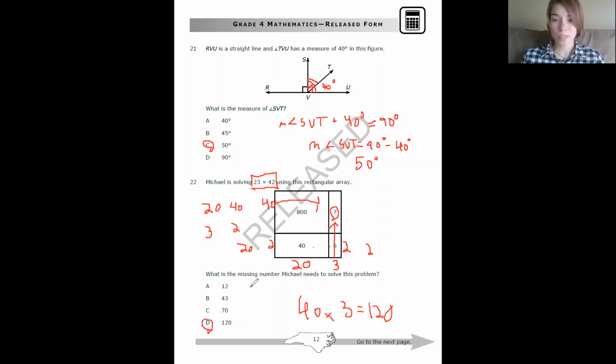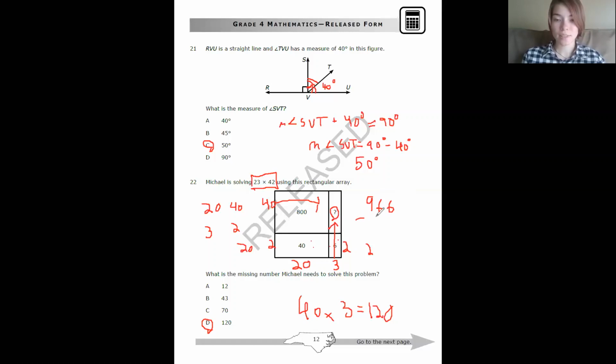The other way you could potentially solve this, since it's the calculator active section, is to do 23 multiplied by 42 and figure out what that total value is. Once you have that value, you could subtract all the other numbers already in this square to get what's remaining. So 23 by 42 is equal to 966. Wait, no. Yes, 966.